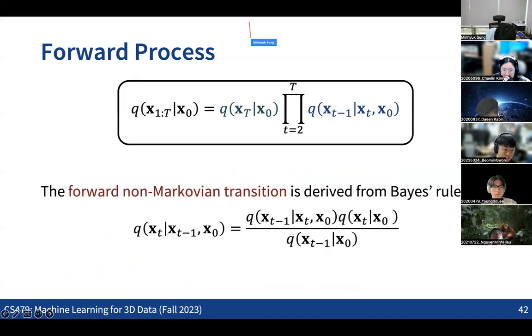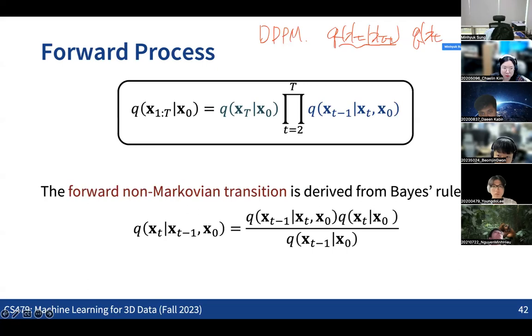In the DDPM case, we had the q of xt from the xt minus 1. This was the basic single transition, right? And also the forward jump. These two. So we only define this probability of xt given the xt minus 1.